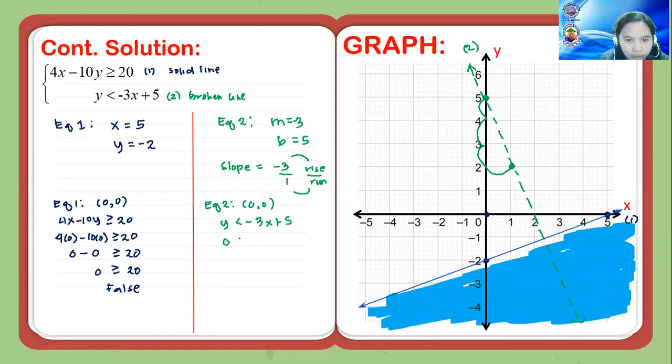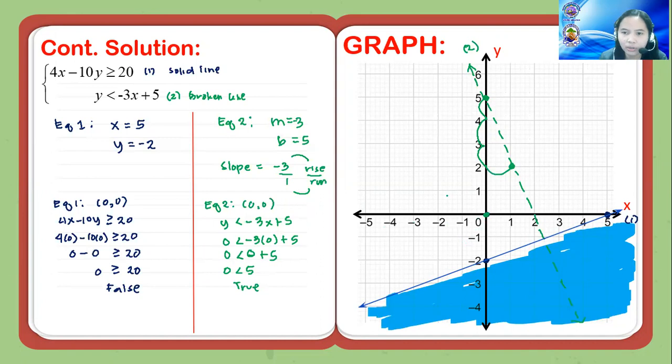Y is 0, less than negative 3 times 0 plus 5. So 0 less than negative 3 times 0, that is 0, plus 5. 0 is less than 0 plus 5, we have 5. Now, is it true or false that 0 is less than 5? Yes, it is true.